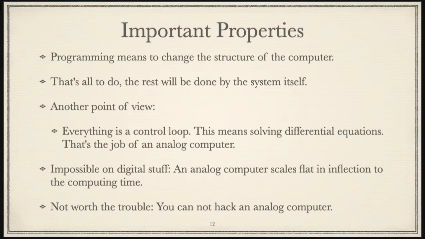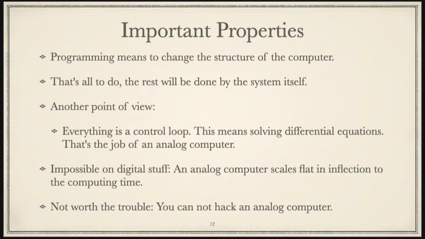This means solving differential equations. That's the job of an analog computer. So everything can be simulated by an analog computer. And further, impossible on digital stuff: an analog computer scales flat in relation to the computing time. And, not worth the trouble, you cannot hack an analog computer.